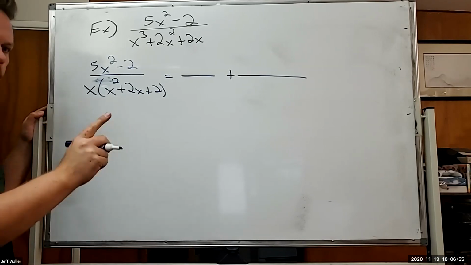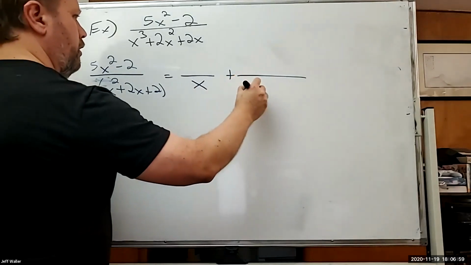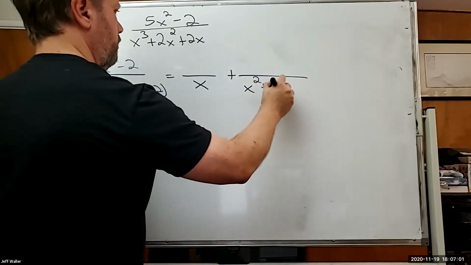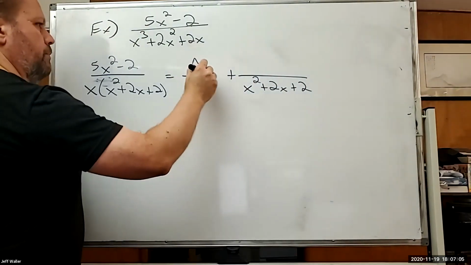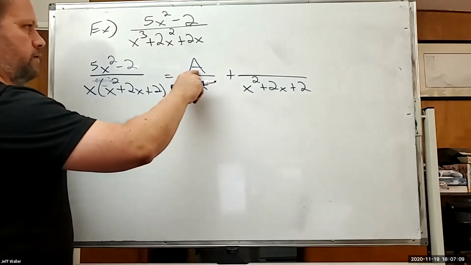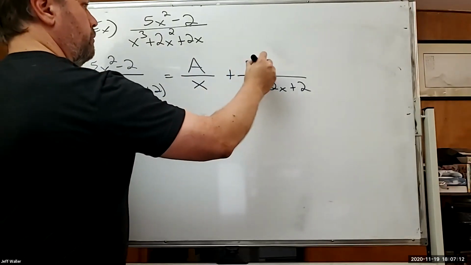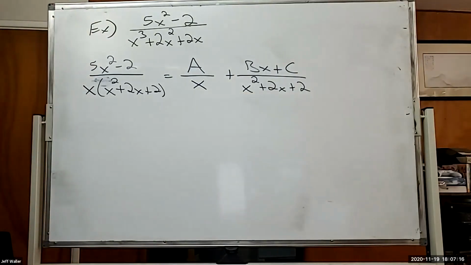So just to make sure you're on the right track, you put an X there and you put the irreducible thing here. So the top of this must be scalar. Ooh, that's a new word. It's a number. And then over here it must be linear. This one works out really nice.